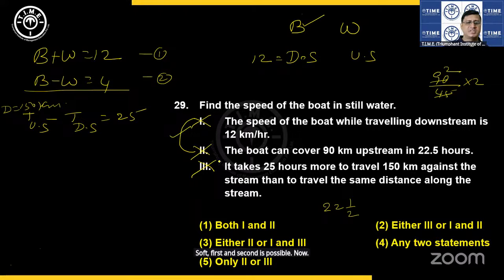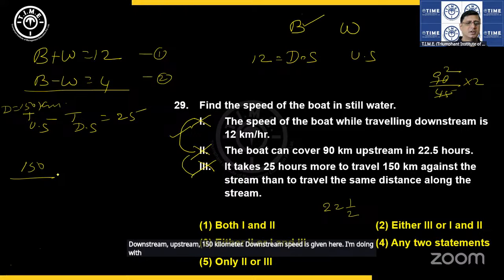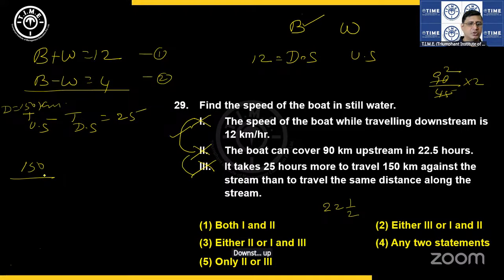Now, what about second and third, and first and third? Here, if we observe second and third, downstream, upstream, 150 kilometers. Upstream is given here, which is equal to 4 kilometers per hour.